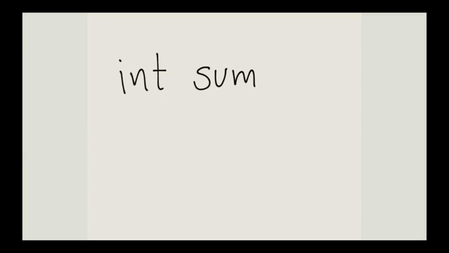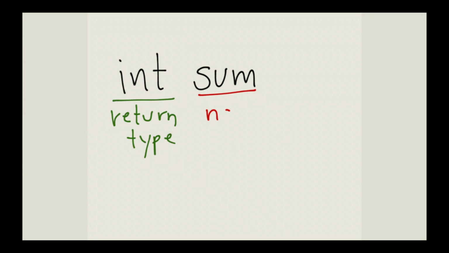right? So if I go ahead and write in green, this part is the return type. This part is the name.